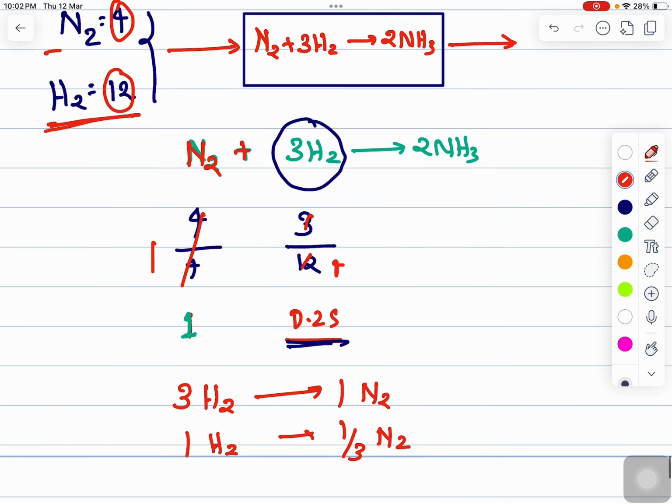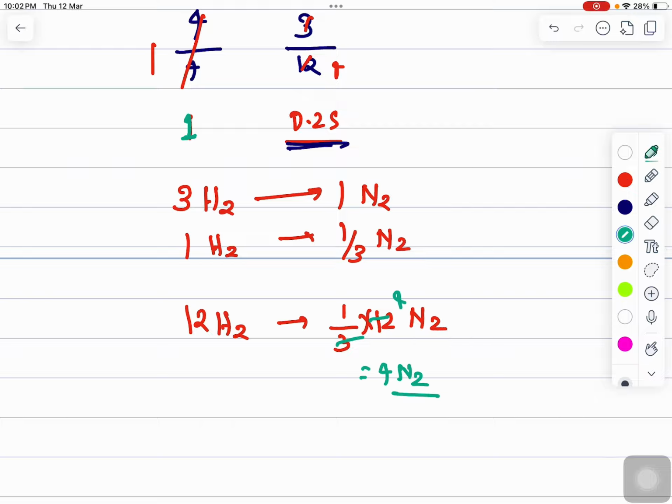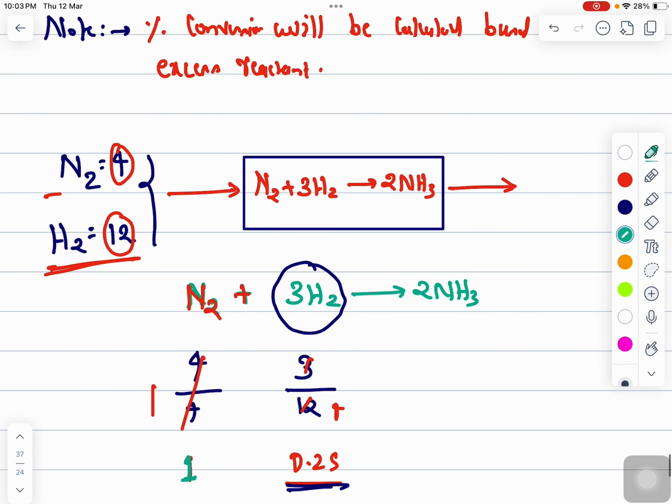So 12 moles of hydrogen will require 1 by 3 into 12 moles of nitrogen, which is 4 moles of nitrogen. So here 4 moles of nitrogen will also get reacted.